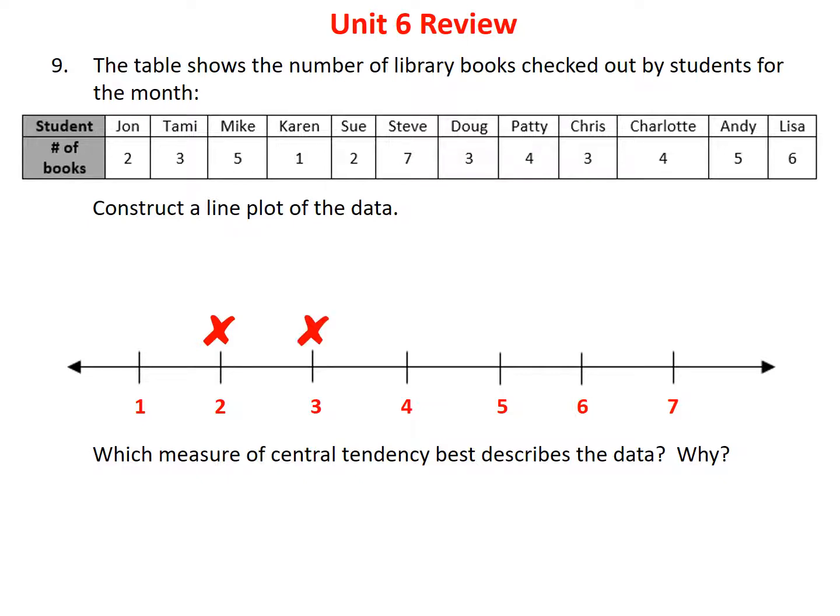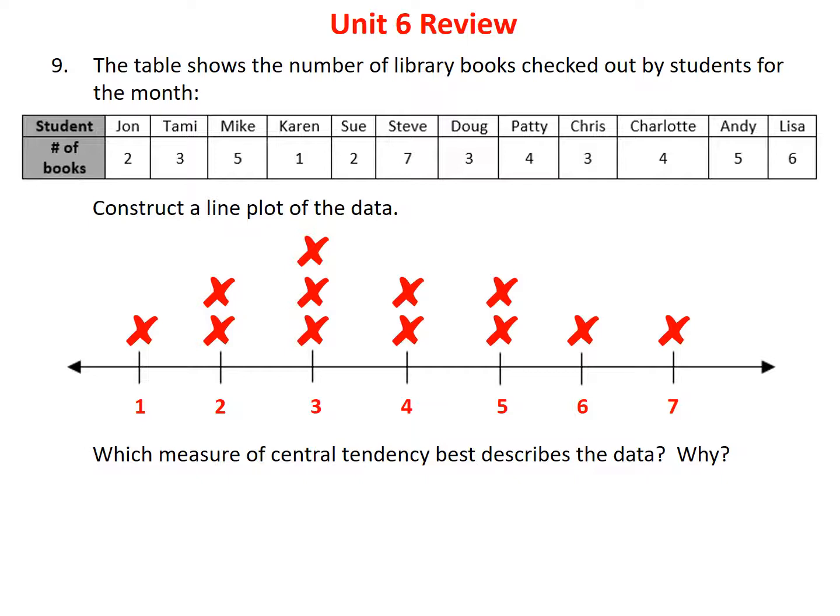Next is 3. Next is 5. Next is 1. And now I have my second 2, so I put an X on top of there. And then a first 7, and then my second 3, and now a 4, and then another 3, and another 4, and then a 5 and a 6. And so that's simply called a line plot.